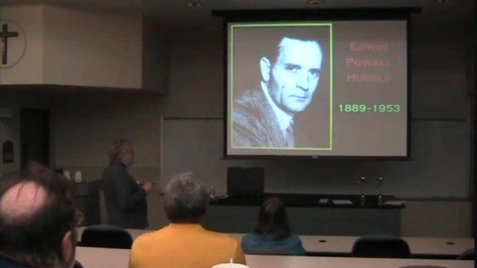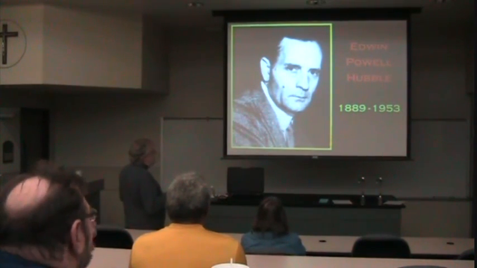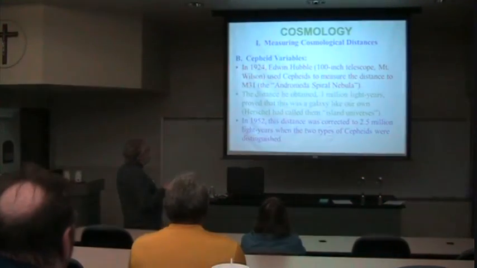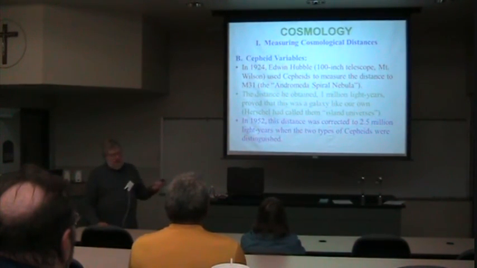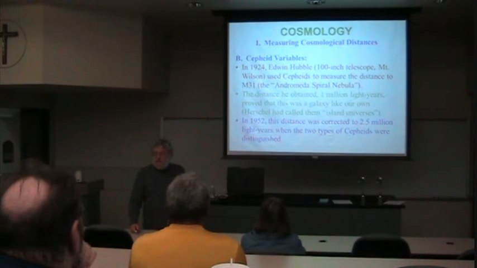Edwin Hubble pursued that work farther and started measuring Cepheid variables in the Andromeda galaxy, which a lot of people still called the Andromeda Spiral Nebula back then. There was a big debate on whether these little spiral nebulae were gas clouds within the Milky Way or whether they were actually other galaxies.